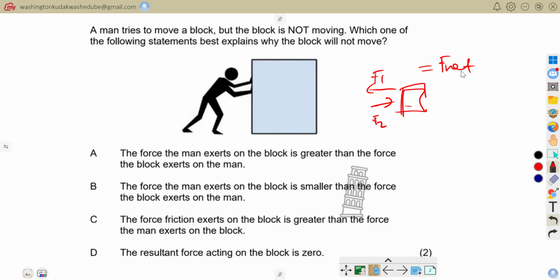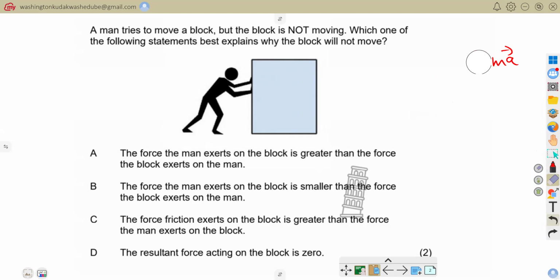That resultant net force will lead to some acceleration of an object due to Newton's second law. So whenever one of these forces is greater than the other, there will be some movement. However, here we are saying that there is no movement. So this is definitely out.